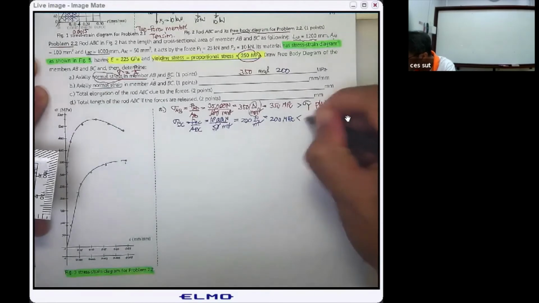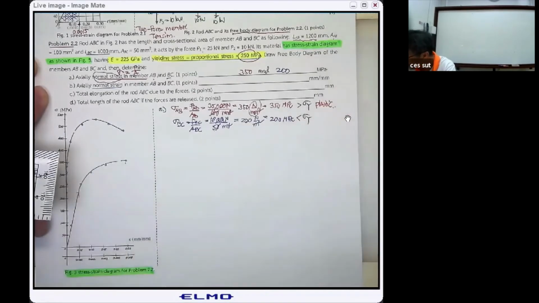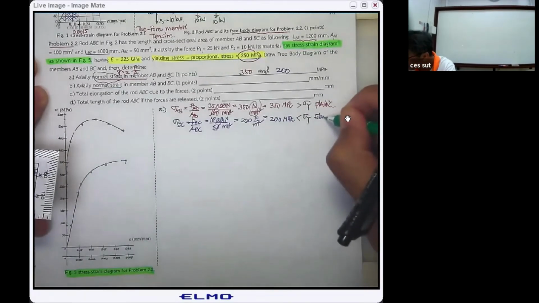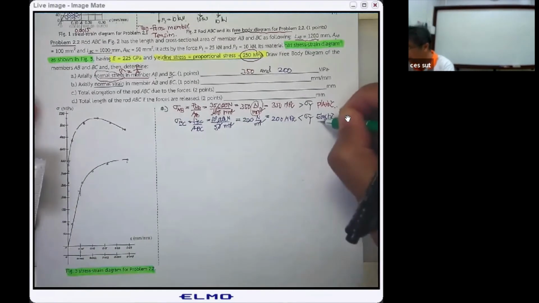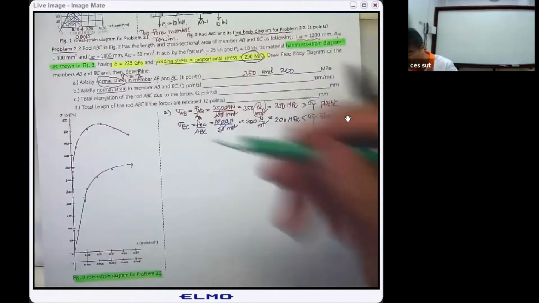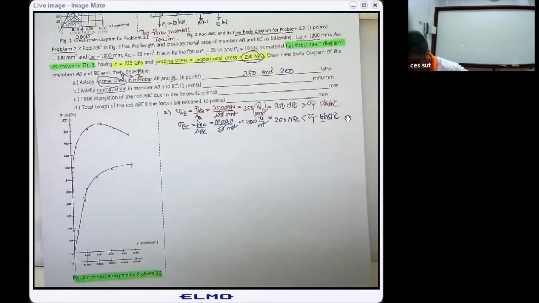And you may say the sigma sub BC has the stress less than the yielding. So this one is going to be in the elastic behavior. By doing this, sigma sub BC will follow Hooke's law. Okay, let me move to B to determine the normal strain.